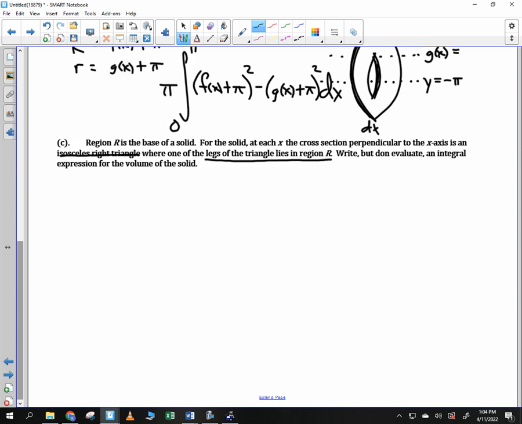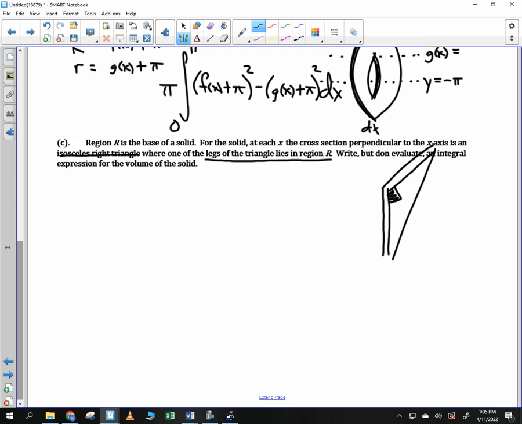Go. Okay, somebody tell me what you know about an isosceles right triangle.